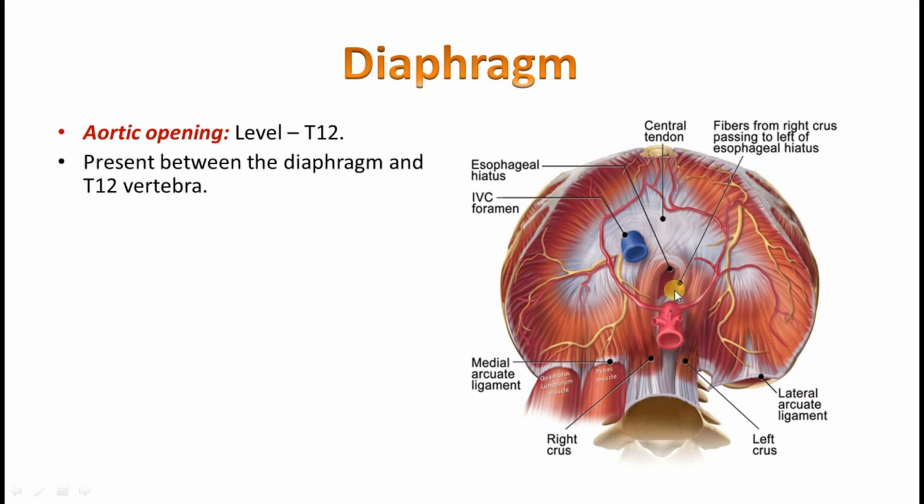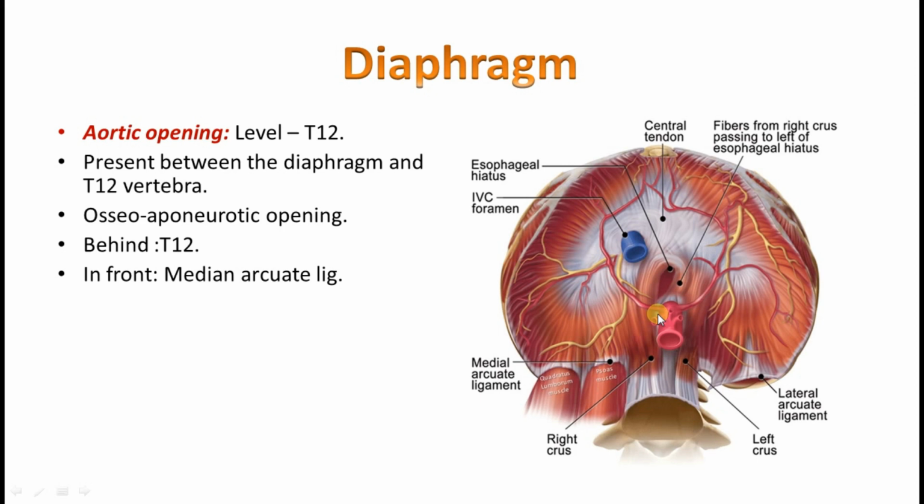In front it is bounded by the median arcuate ligament, behind by the 12th thoracic vertebra, and on each side by the right and left crus of the diaphragm.